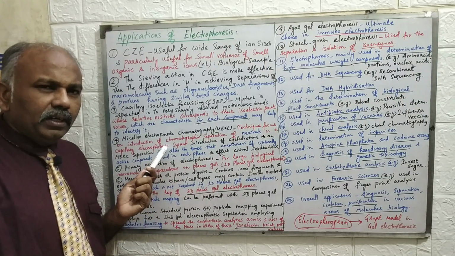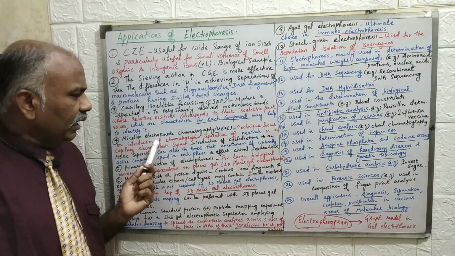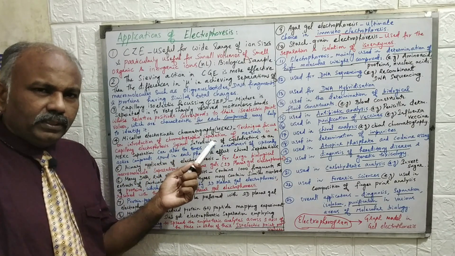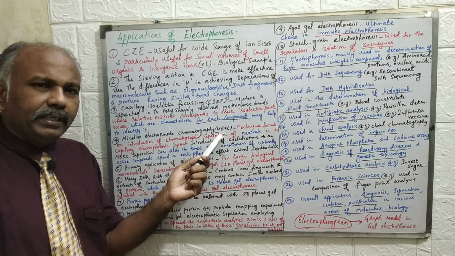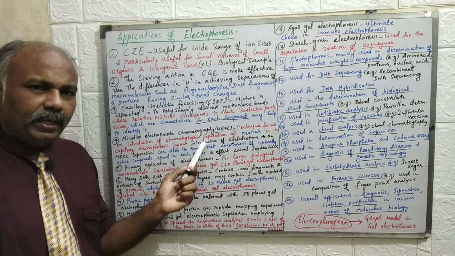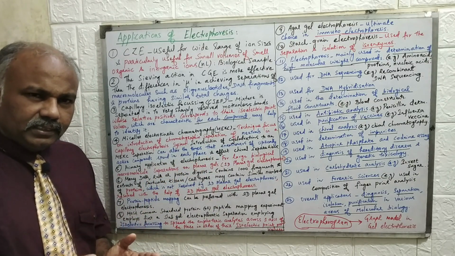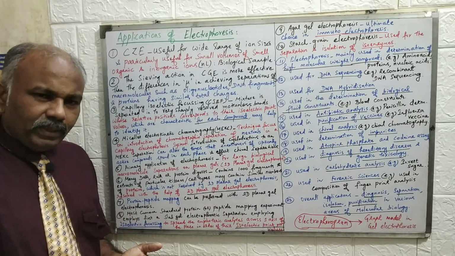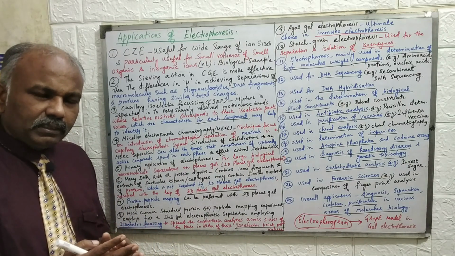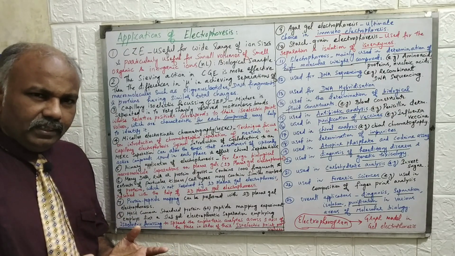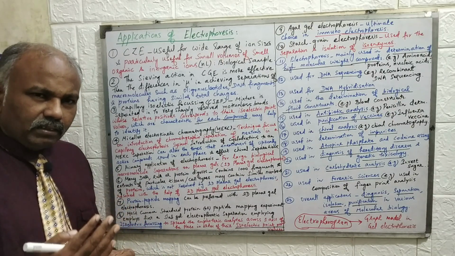The fourth important application is micellar electrokinetic chromatography. We shortly abbreviate this as MEKC. What is the purpose? Here we are using some detergents, right? Sodium dodecyl sulfate we are using as a detergent. So what will happen? They will form micelles, right? They have a critical micellar concentration.